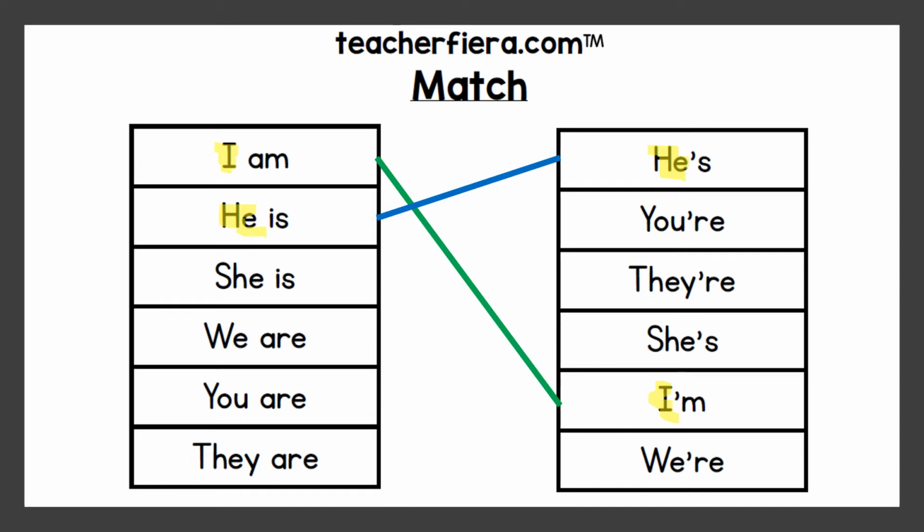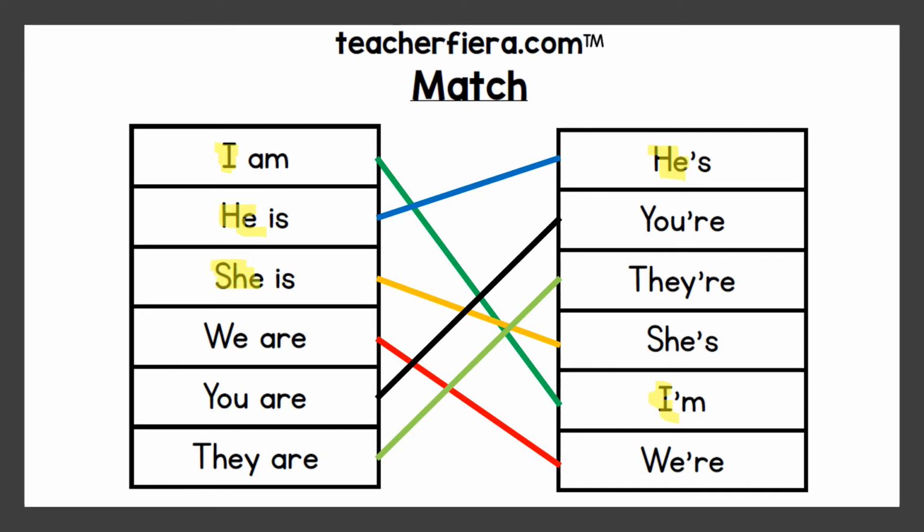So the next one will be she is, she's, we are, you are, and they are. So how do we know? We just look at the first pronoun, she will always be she, and then look at the behind, is, 's.